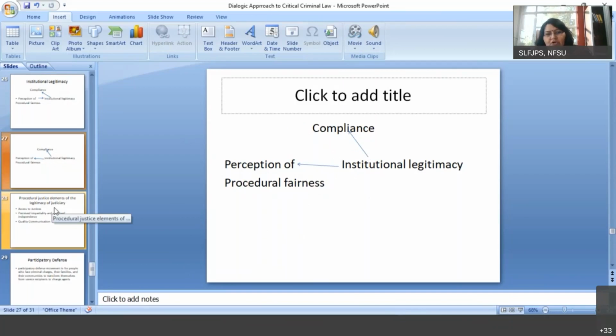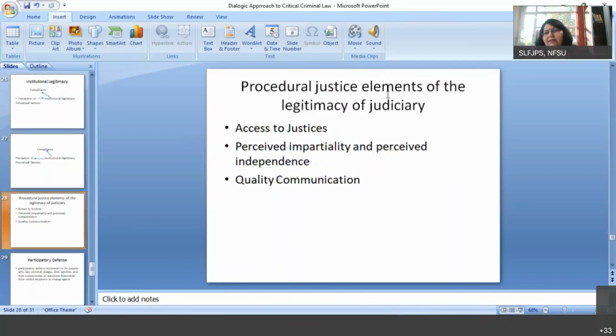So when we talk about procedural fairness, and specifically the procedural justice elements for the legitimacy of the judiciary, it is not only with reference to the criminal procedure, it is also with reference to all kinds of institutions attached to the criminal justice administration: the institution of court, the institution of police functionaries, the institution of lawmaking, the institution of law interpretation.